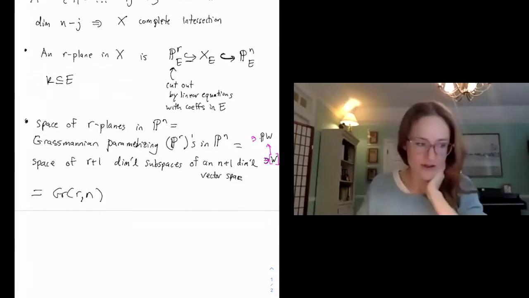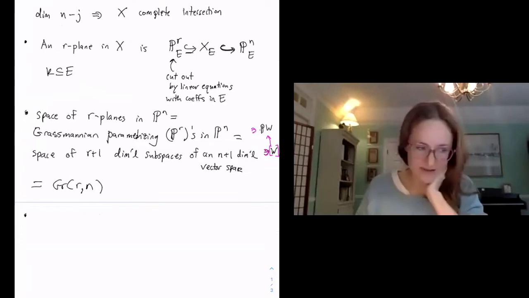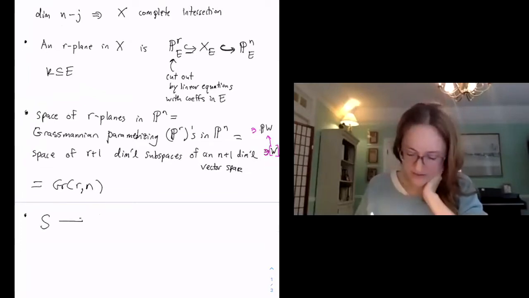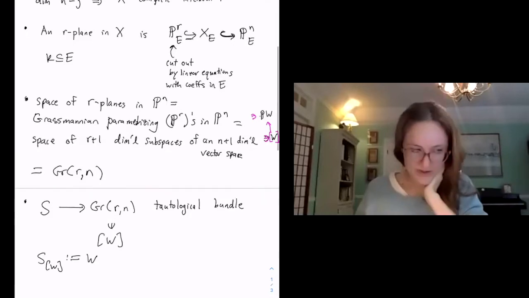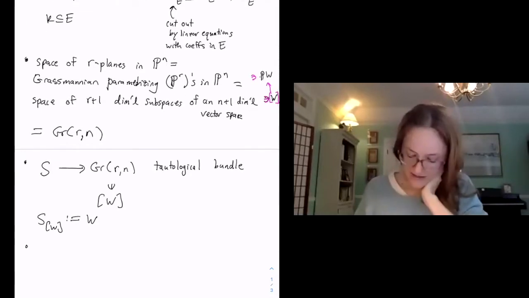Thank you. So we've got a tautological bundle. It's the vector bundle such that over the point corresponding to the subspace W, your fiber is W itself. And we're allowed to do vector space operations on bundles.